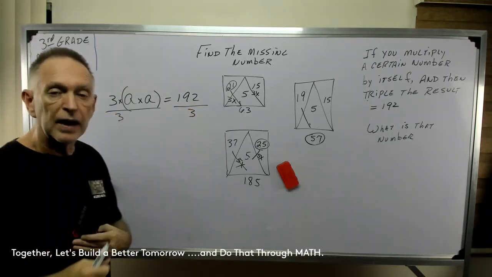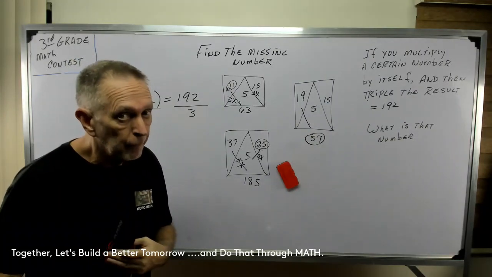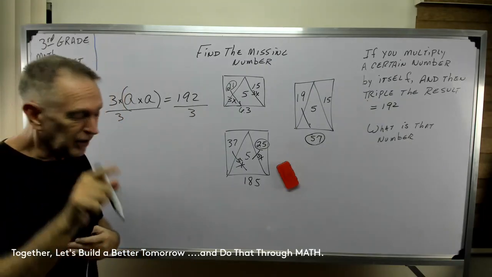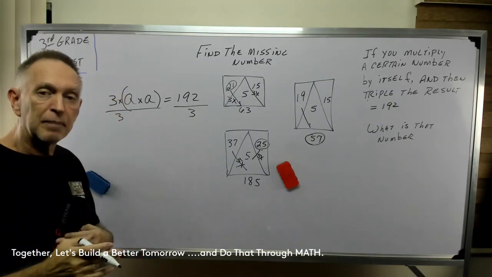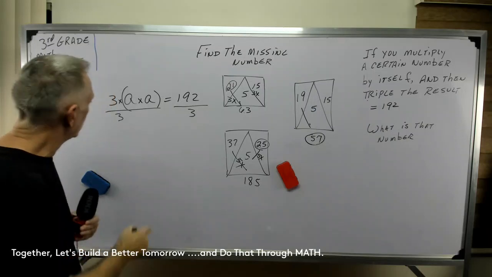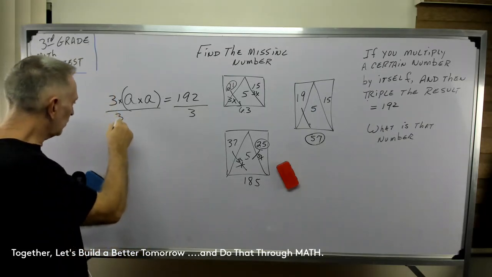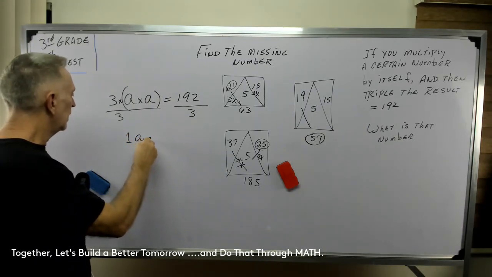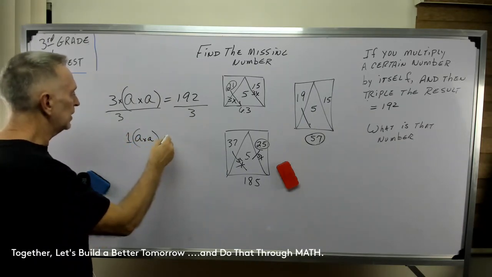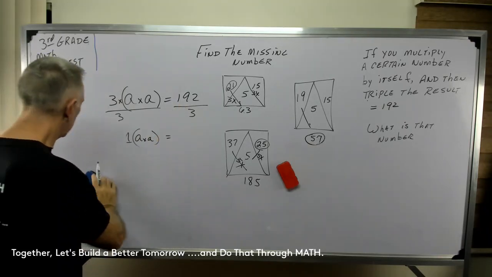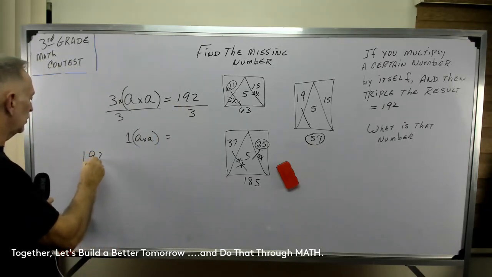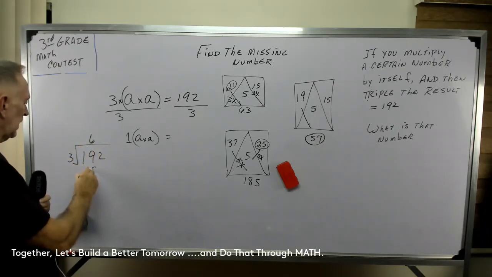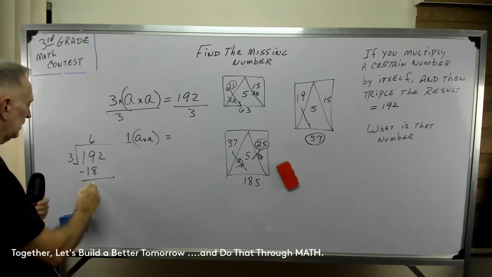What is 3 divided by 3? 1. If you say 0, I'm coming to your house, okay? Anything divided by itself is 1. So 3 divided by 3 is 1. 1 times A times A is A times A. So 192 divided by 3, let's see, 6 times 3 is 18. 19 minus 18 is 1.